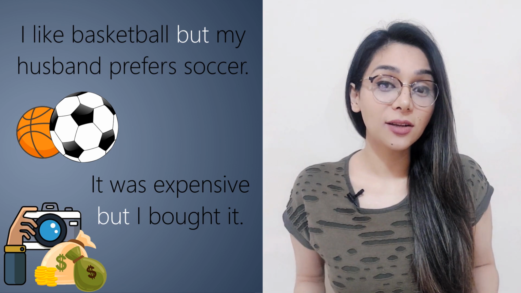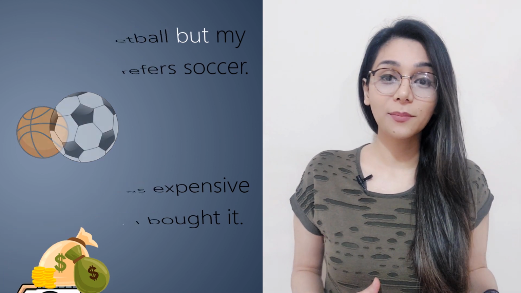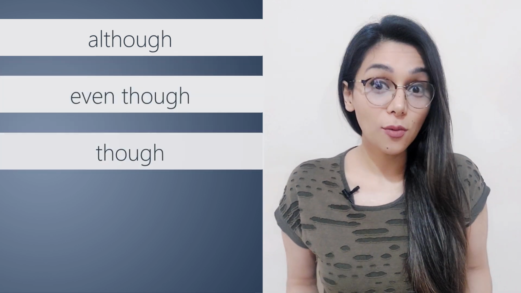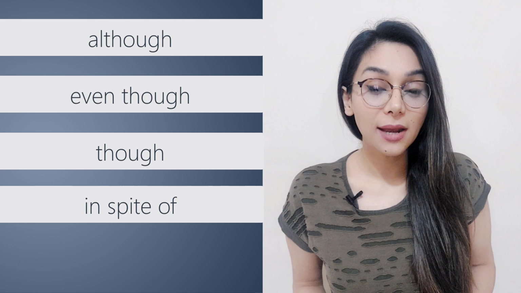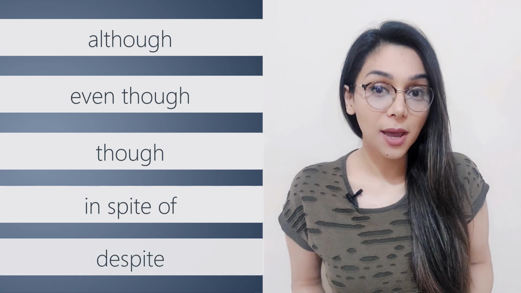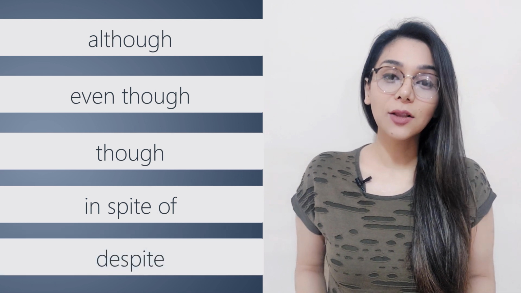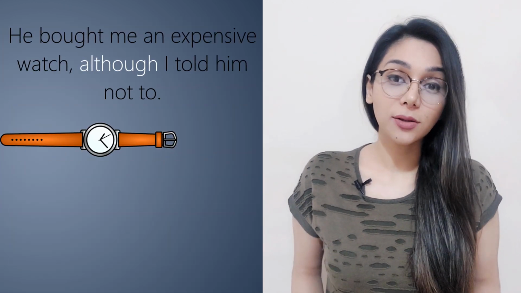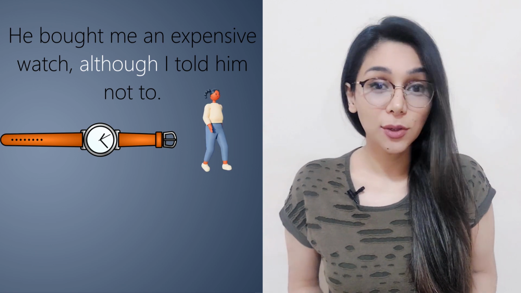The other conjunctions to show contrast are although, even though, in spite of, and despite. Let's take a look at these examples. He bought me an expensive watch, although I told him not to.